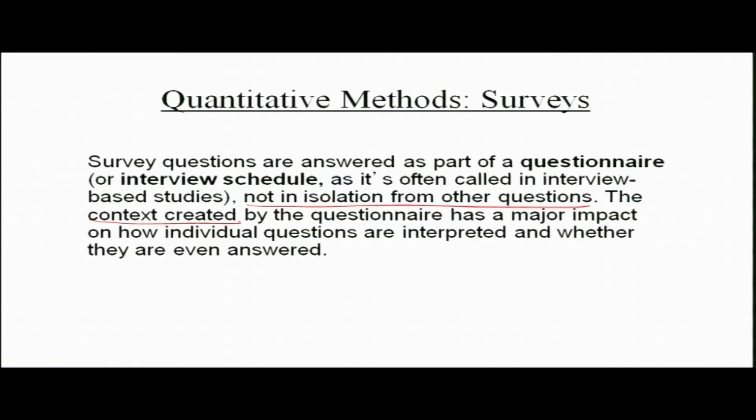When you're doing research on gender, it is very important that if you're doing a survey, the context that you create has a positive impact for the people who are actually answering your questions.